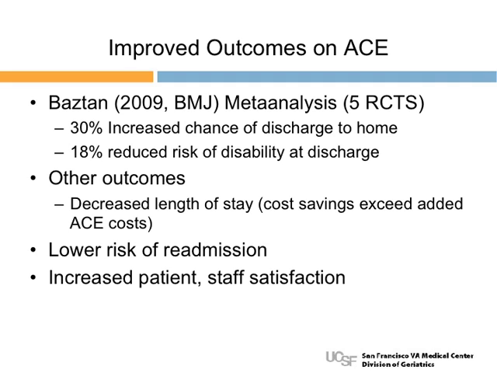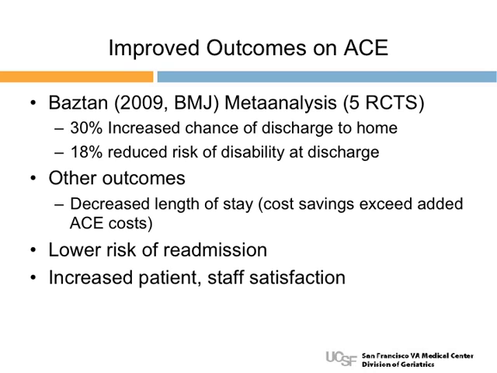Okay, so you put all this together: the ACE unit with improved discharge planning, improved mobility, and decreased polypharmacy. Is there any evidence it works? Well, there have been a number of studies that show it works at least some. This was the best study that we found on the impact of ACE units. It was a meta-analysis that combined 5 studies of ACE units.